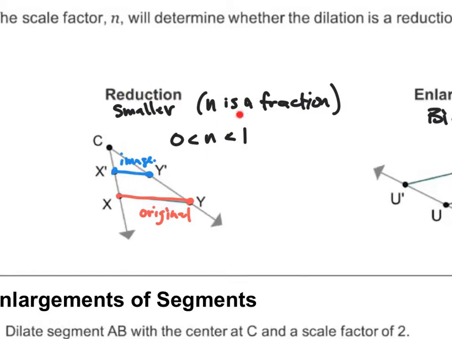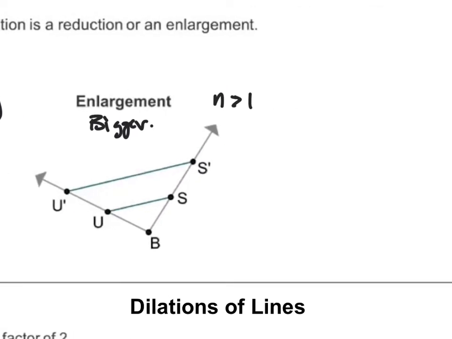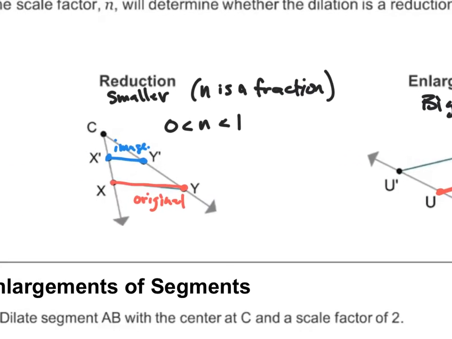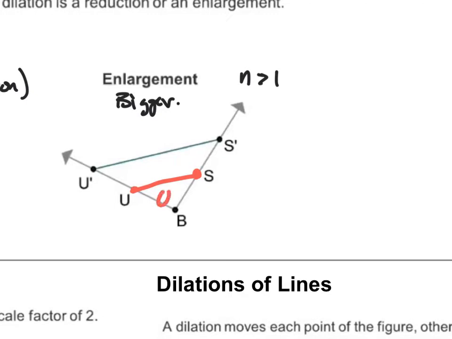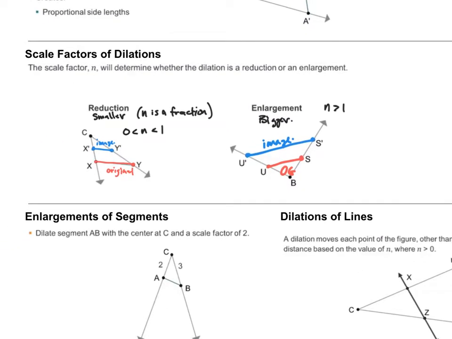That's because n is between 0 and 1. Over here, n is greater than 1. Segment SU is your original, and then your image is bigger, because it was increased by a scale factor larger than 1.